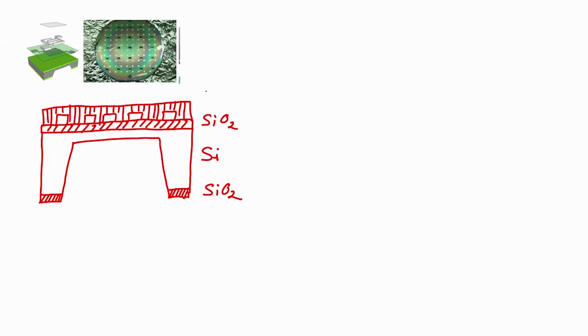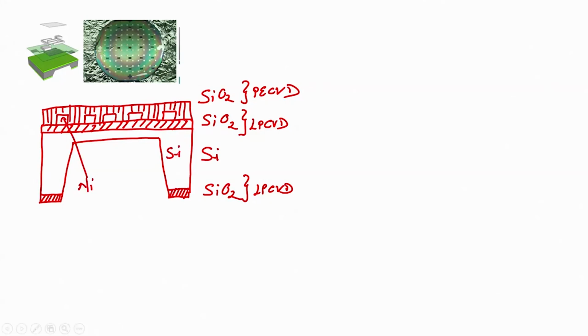This silicon dioxide is grown using low pressure chemical vapor deposition. This one is done using PECVD, right, and we have the nickel microheater, we have silicon, already we have written here.